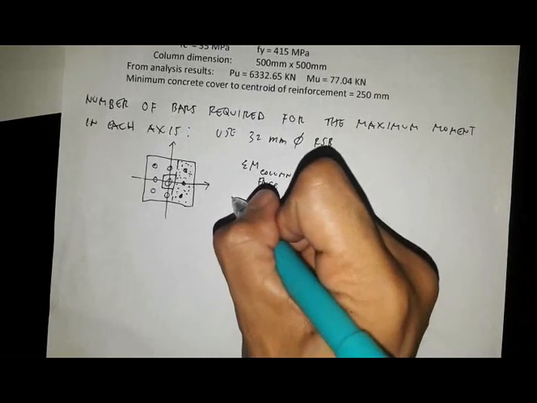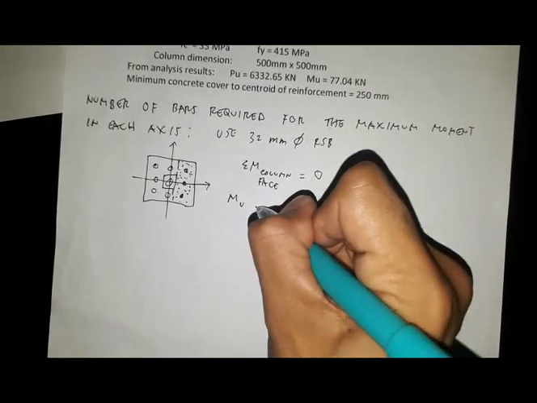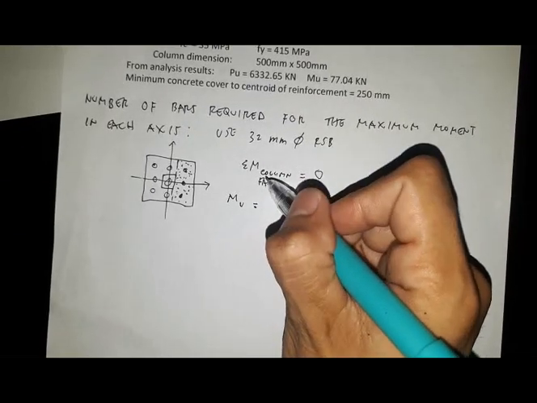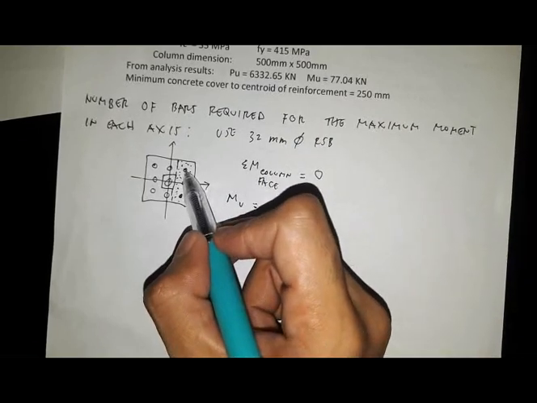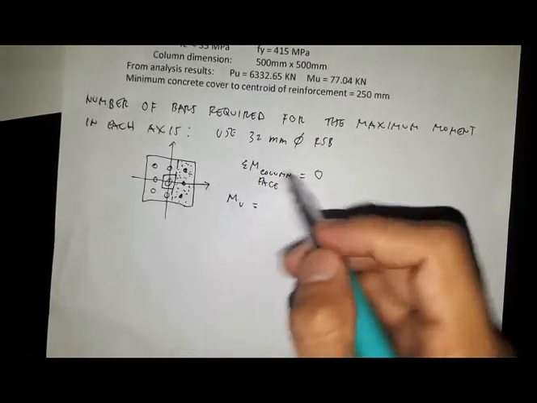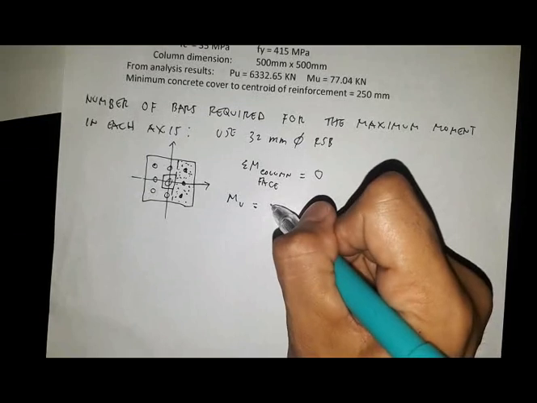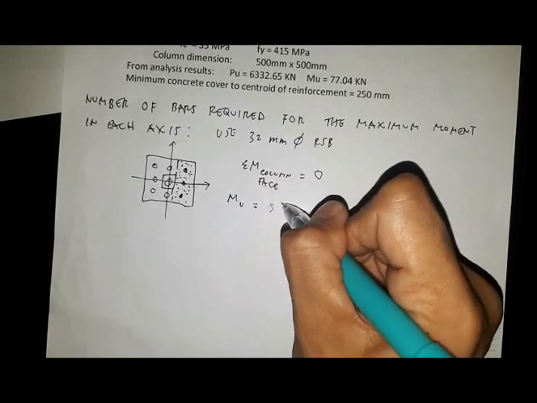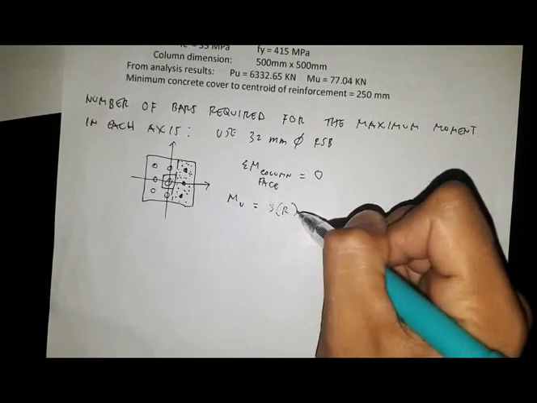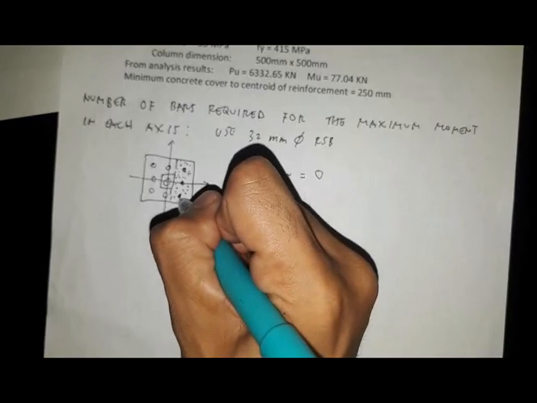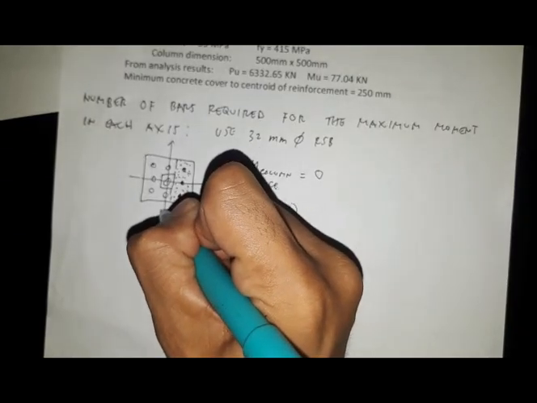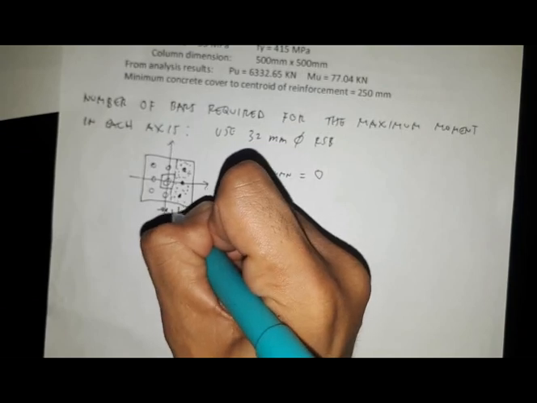We have our Mu equals, so we have our 1, 2, 3 times the reaction multiplied by the moment arm of 0.875.